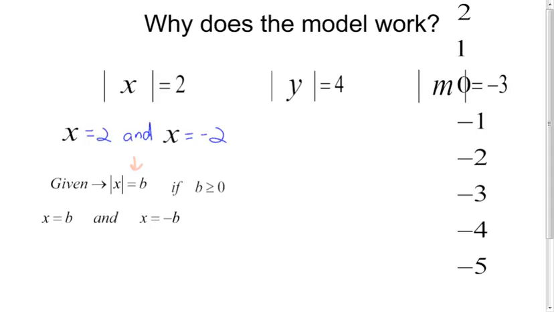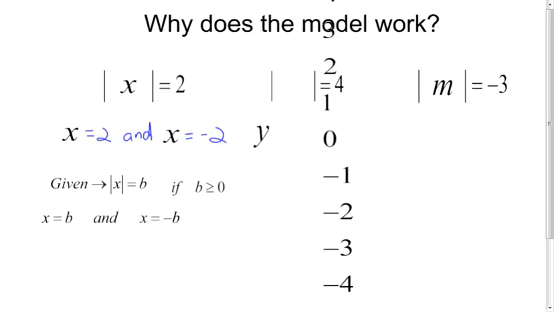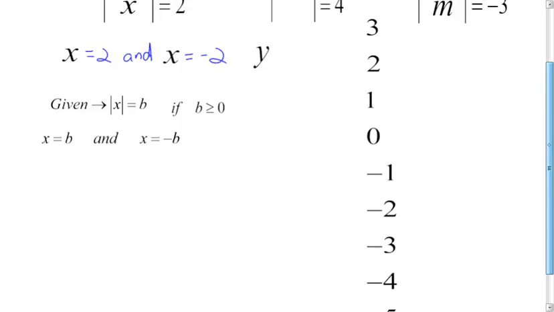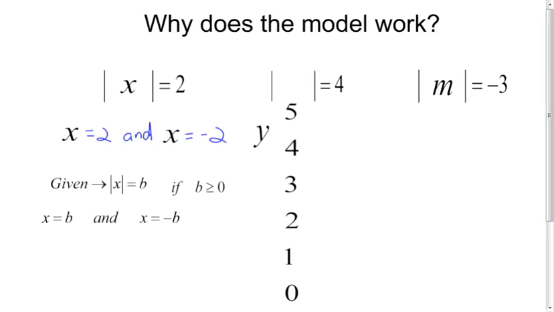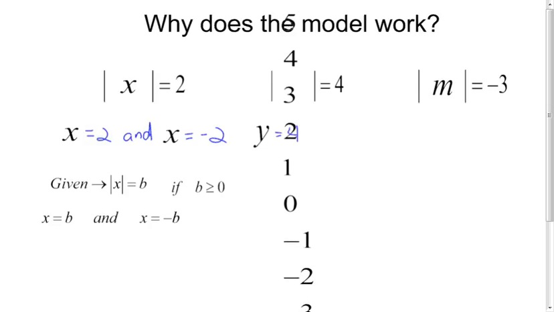Let's see if it happens again. This time I'm going to take out the y and run these numbers through. True, false, false, true. So that's one of my solutions: y equals 4. Continue popping these numbers through.